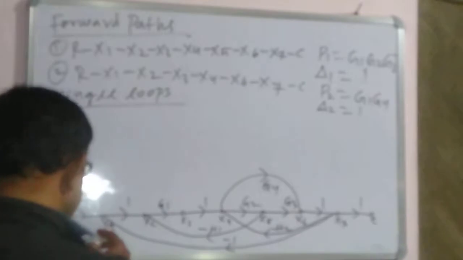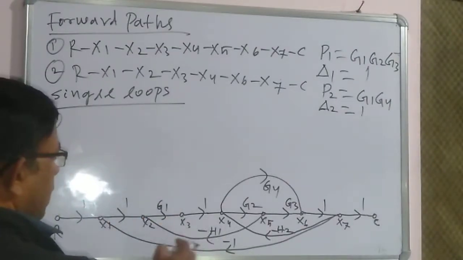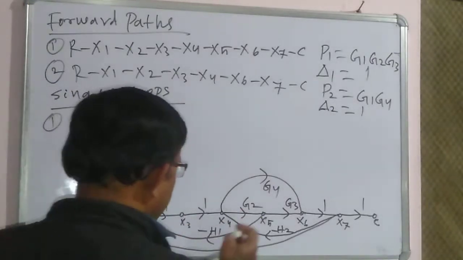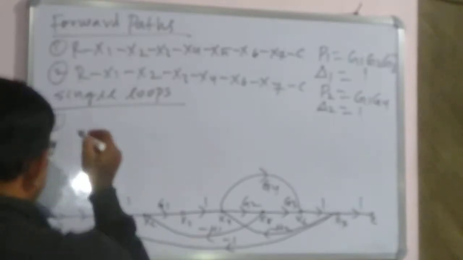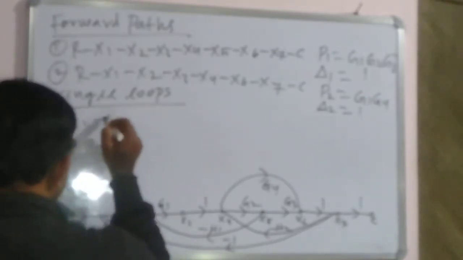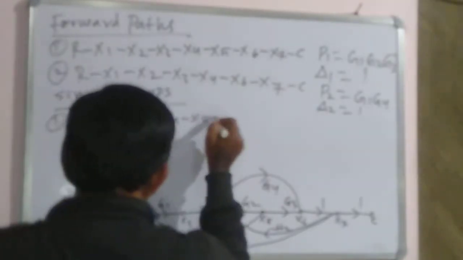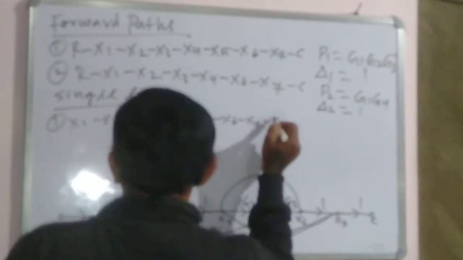Again it comes to the same node in the same direction, with no change of direction, and no node is traversed more than once. Therefore, this loop is x1, x2, x3, x4, x5, x6, x7, x1.